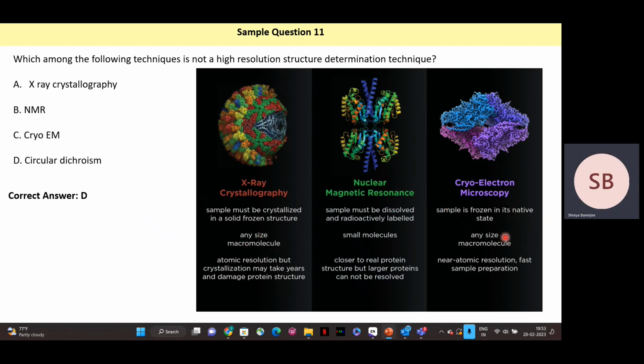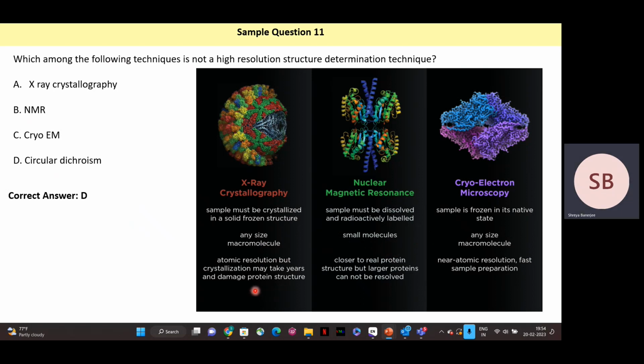X-ray crystallography and cryo-electron microscopy can deal with any size macromolecule, but in NMR, there is a certain size limit, and that is, it can only deal with small molecules.